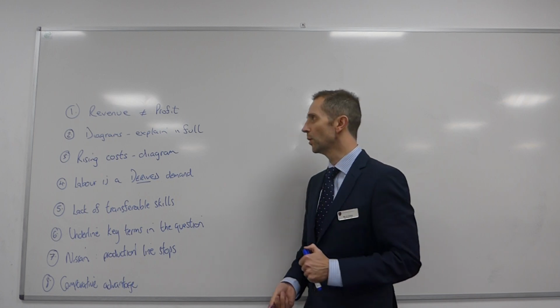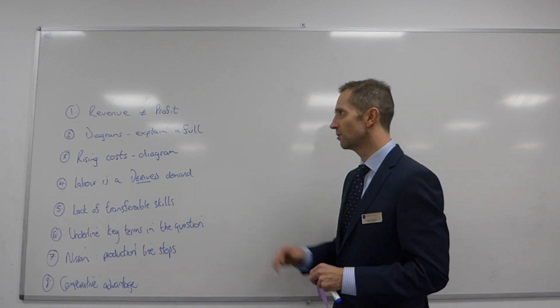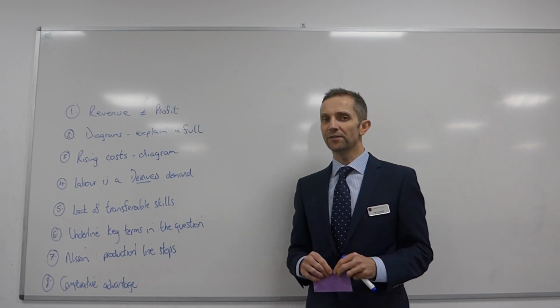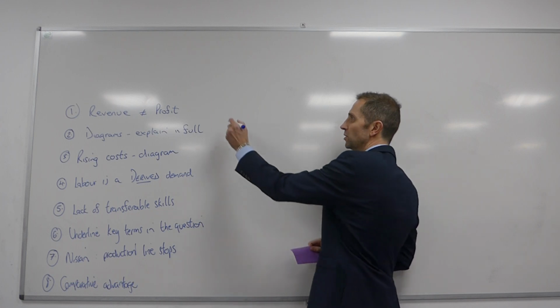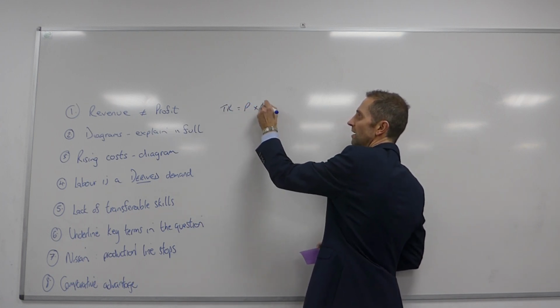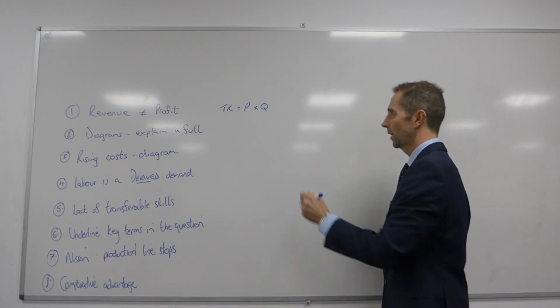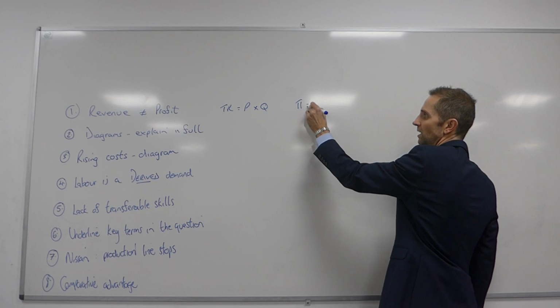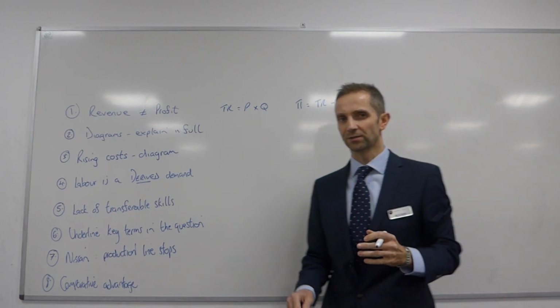So, number 1 point, which is something I have covered with you before, is to say that revenue is not the same as profit. So, let's remember that revenue, total revenue, is equal to price times quantity. Make sure you get a note of that equation. Whereas profit is equal to total revenue minus total cost.